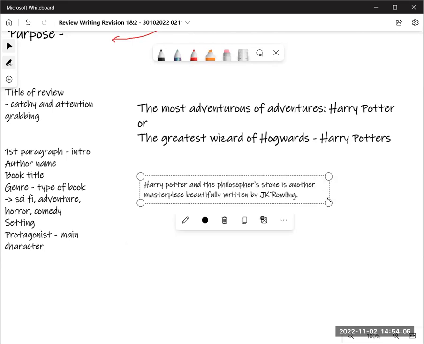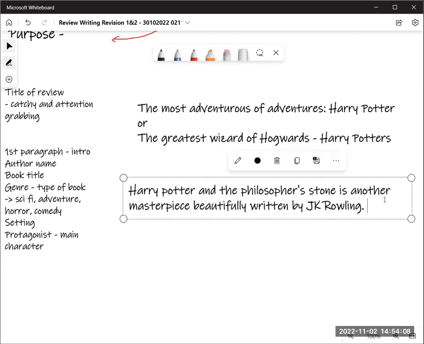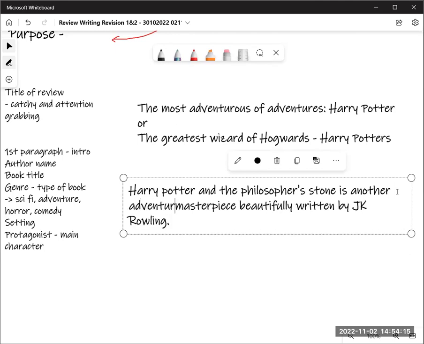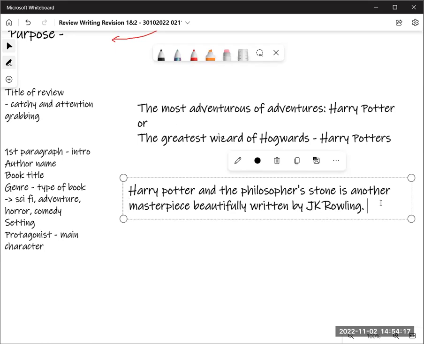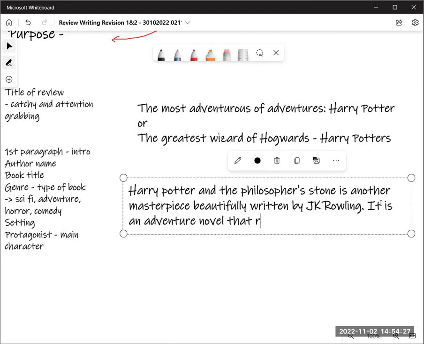Or we can also say, instead of another, is another adventure masterpiece. Or you can write it separately. Another masterpiece. It is an adventure novel that, let's say, revolves around the mysterious and mesmerizing tales of Harry Potter, of the protagonist, Harry Potter.